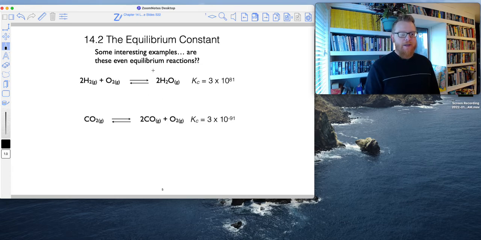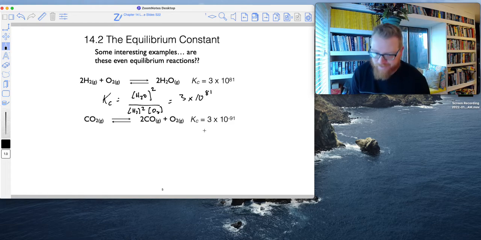That's definitely a combustion. So if I go to write the equilibrium expression, Kc, products in brackets, which is H2O, and now I've got a coefficient right there, so I'm going to raise that to the 2 power, H2O squared, divided by H2 squared times O2. And you can see the equilibrium constant for this reaction is 3 times 10 to the 81.